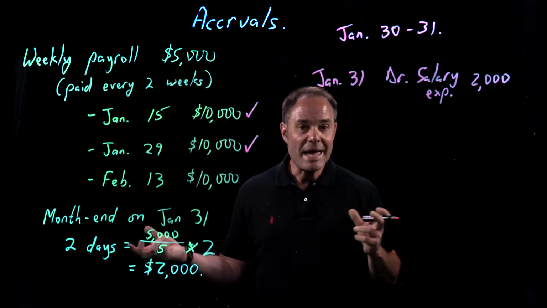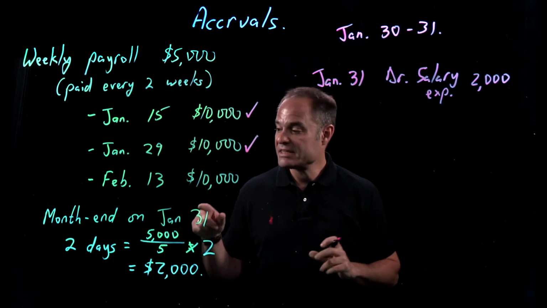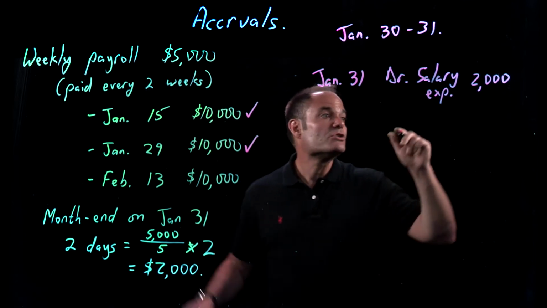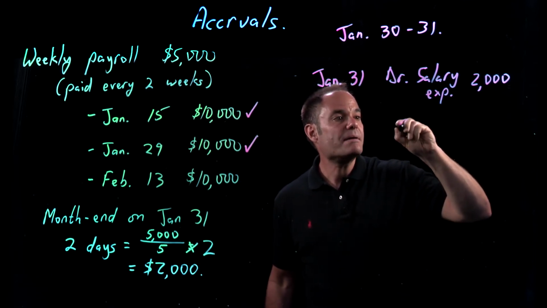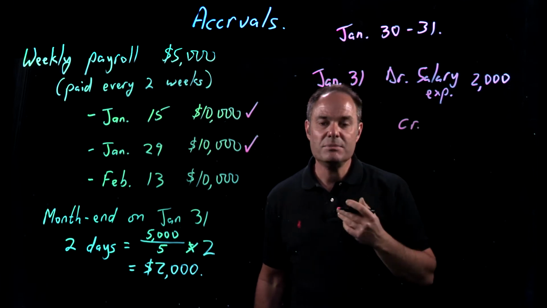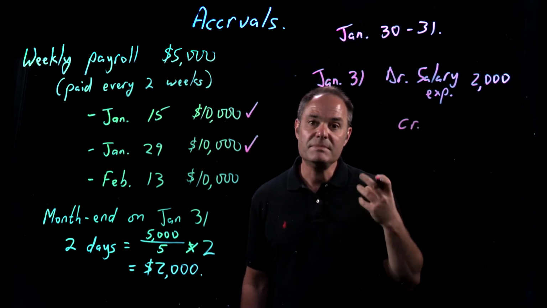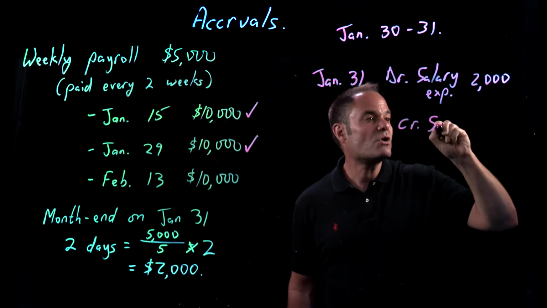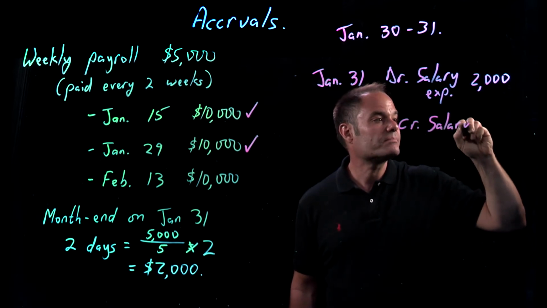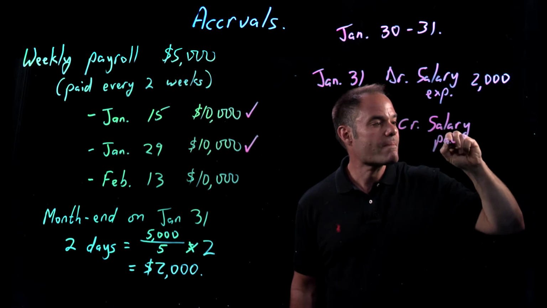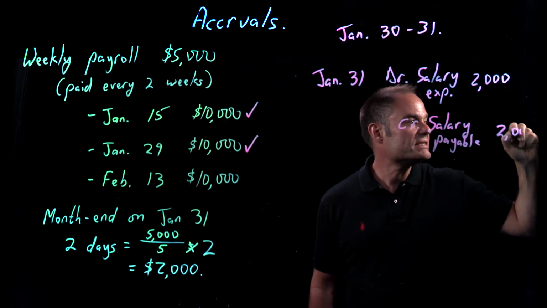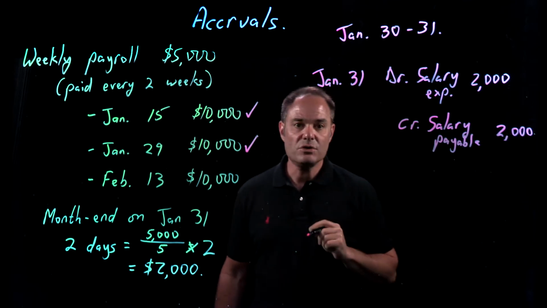Of course, they're not going to pay the employees the $2,000 yet. They don't have to pay them until February 13th, the next payday. So they'll create a payable. And a payable, just like an account payable, is just a liability account that means that we have to pay somebody some amount. And in this case, they'll call it salary payable, meaning that the company owes employees $2,000.